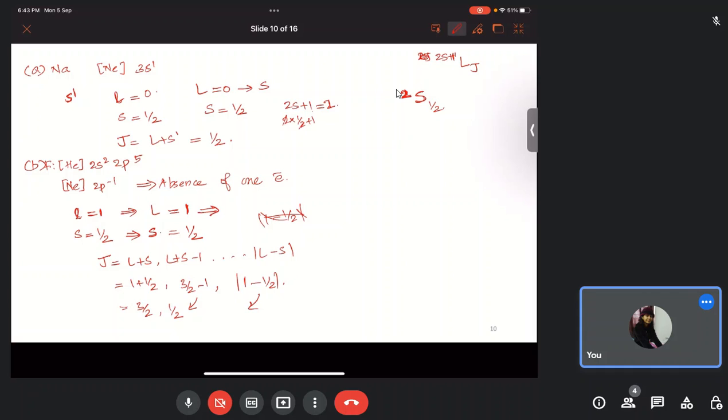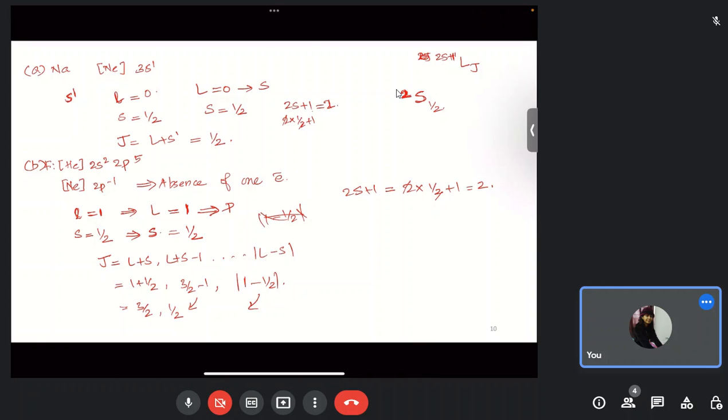Here the L value is 1, which corresponds to P, and the spin multiplicity is 2S plus 1, which is 2, so the term symbols are 2P 3/2 and 2P 1/2.